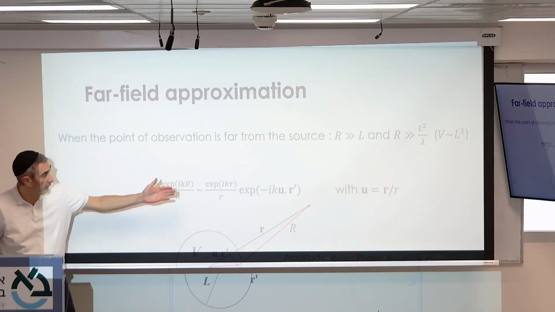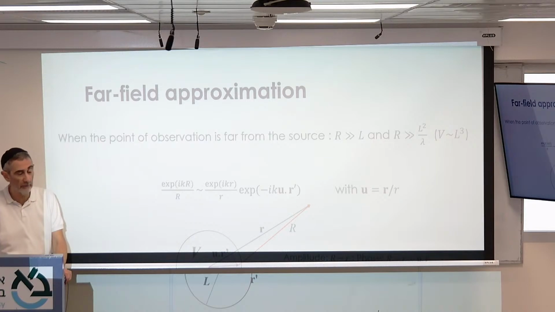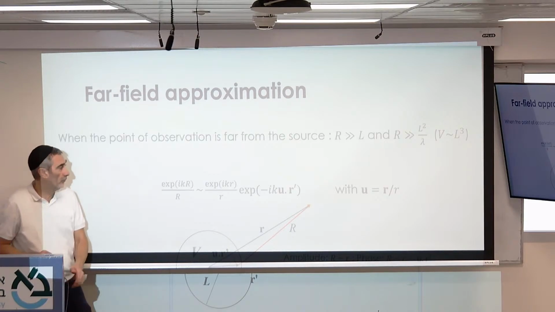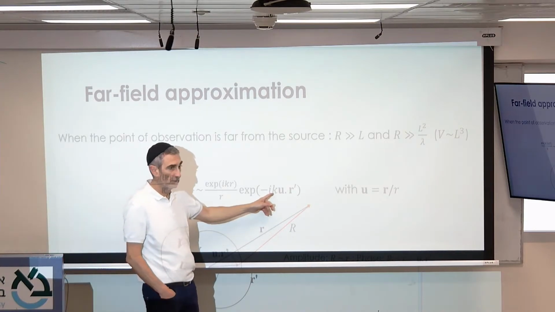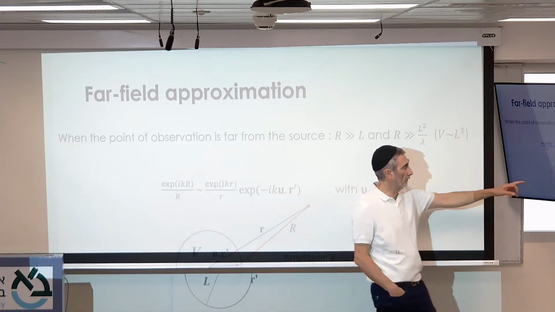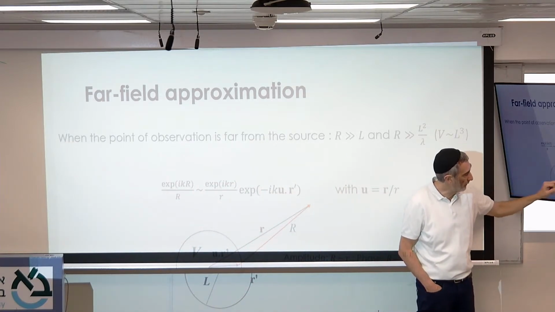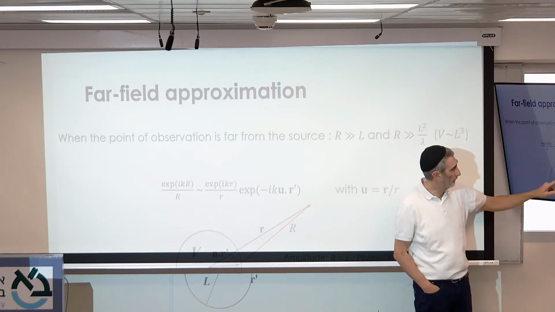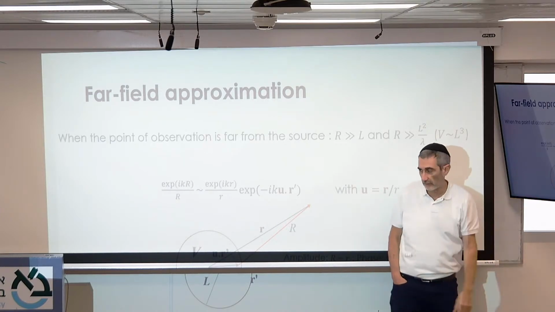So it's the cosine, if you want. u and r prime are not in the same direction: you see the u direction and r without prime. So u dot r prime is this projection.